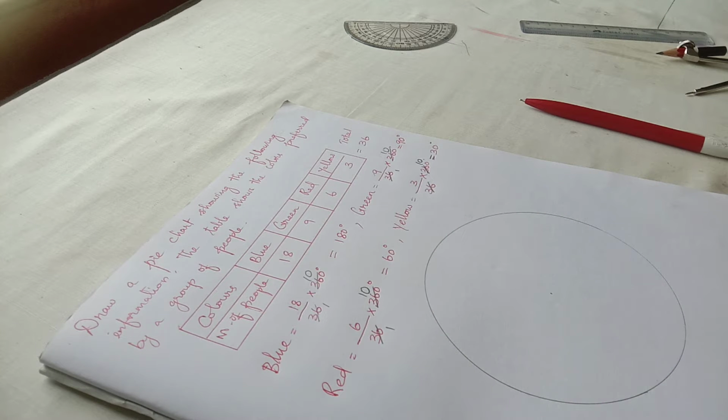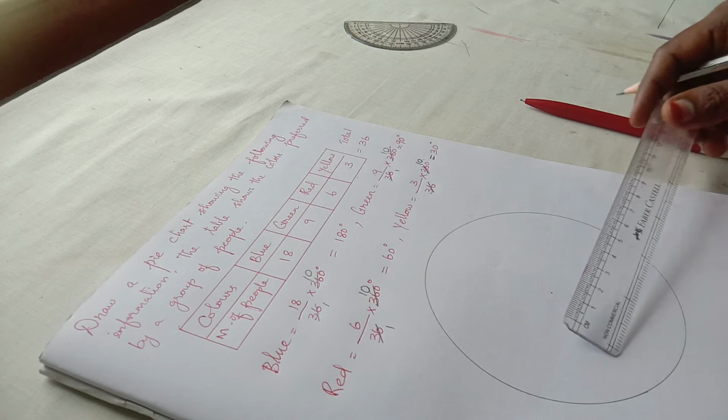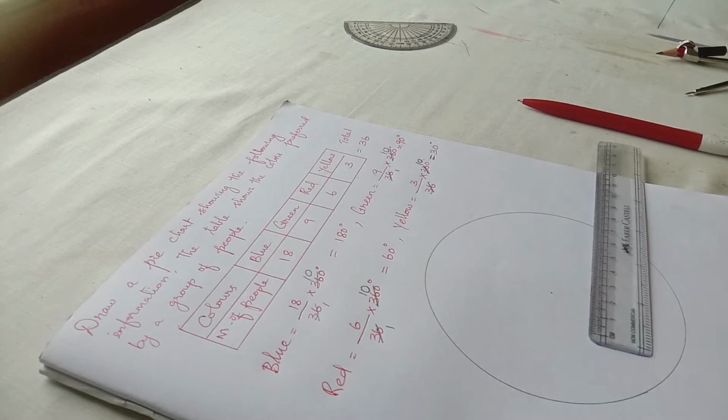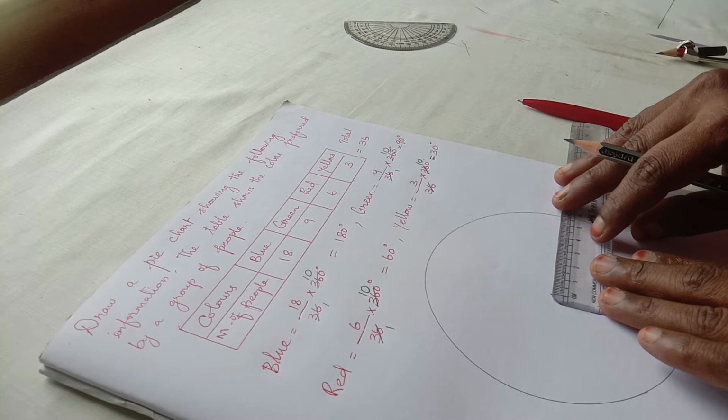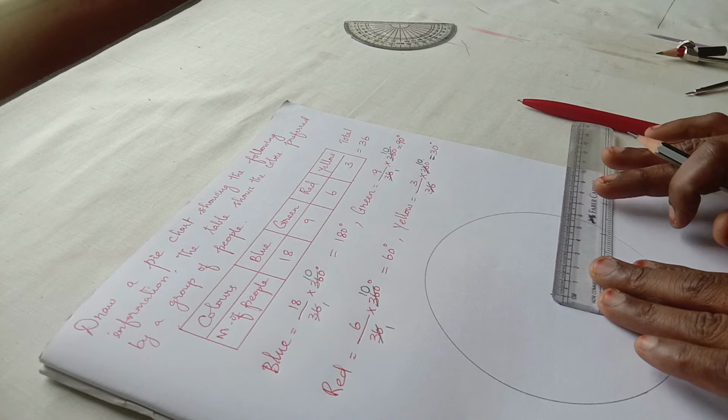Now we drew a circle with a convenient radius. Then take a ruler and draw any radius. Anywhere you can draw a radius.